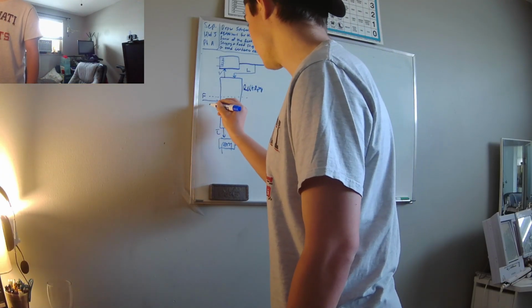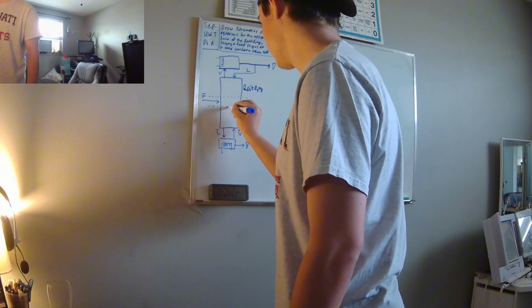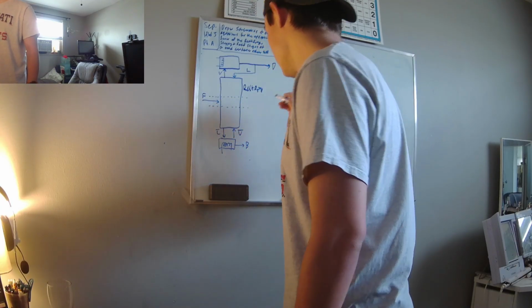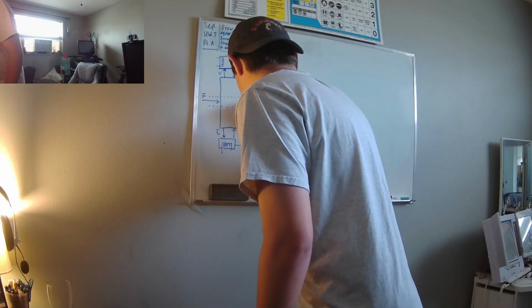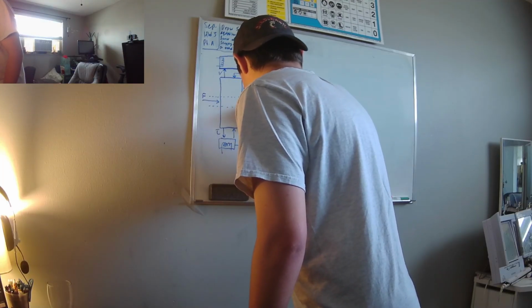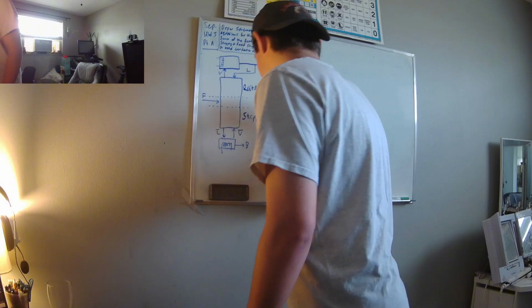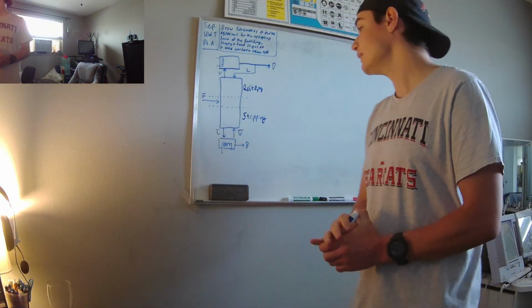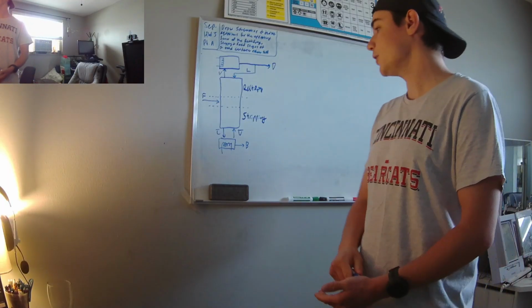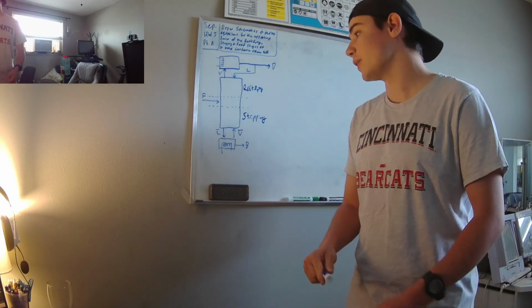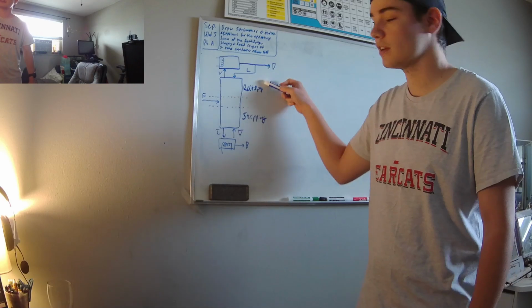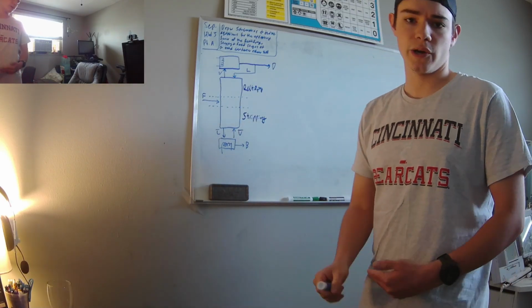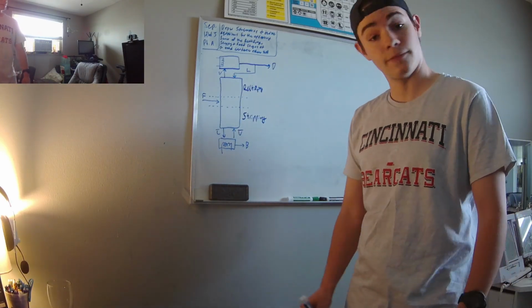This section of our column is going to be our stripping section. Now we can go ahead and break this column up into parts and figure out the equations for the operating lines on each of these different segments. So let's go ahead and move on to doing our rectifying section.